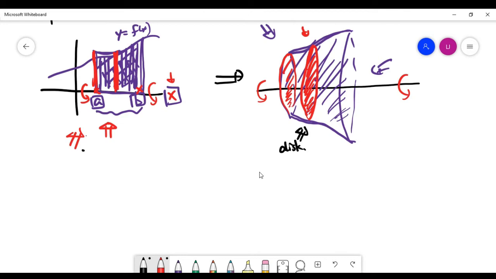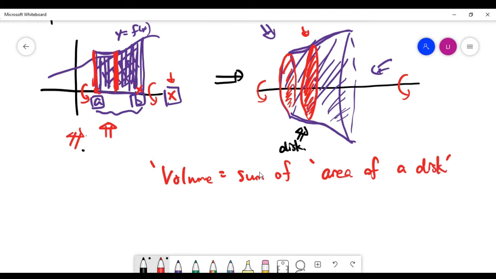It means that, informally speaking, you can think of the volume of the solid to be the sum of the area of a disk. And of course, there are so many disks you can draw because each disk is based on one red line on the left-hand side. And you have to count all the disks here. So essentially, you're counting the disks from the leftmost point, which is x equals A, to the rightmost point, x equals B.